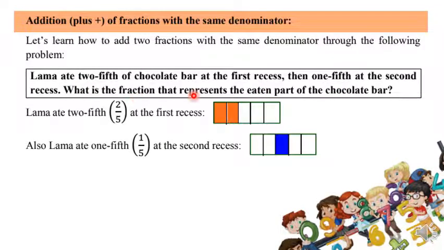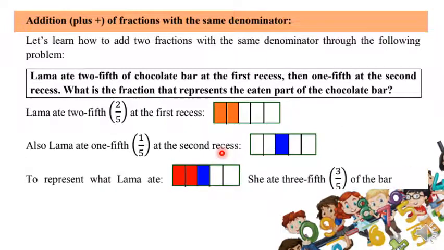What is the fraction that represents the eaten part of the chocolate bar? So she ate 2/5 at the first recess, 2 out of 5 pieces. Then in the second recess, she ate 1 out of 5. So what is the fraction that represents the eaten part?